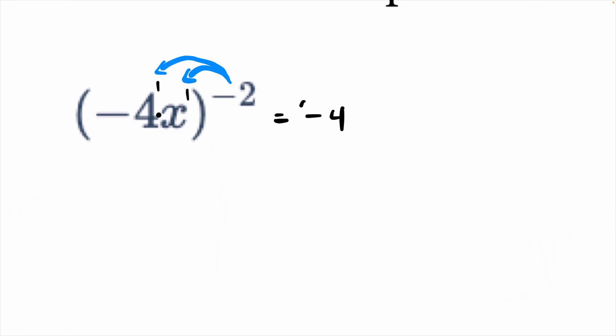Negative 4 already had a power of 1. Now I'm going to give it a power of 2. X already had a power of 1. Now I'm going to give it a power of negative 2. So I distributed negative 2 to both. What am I going to do with the powers now? That's step 3. Multiply.